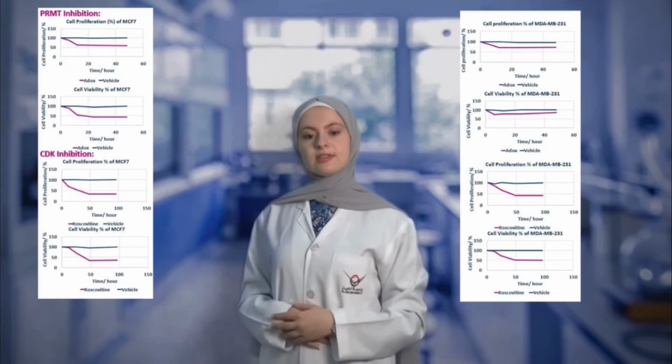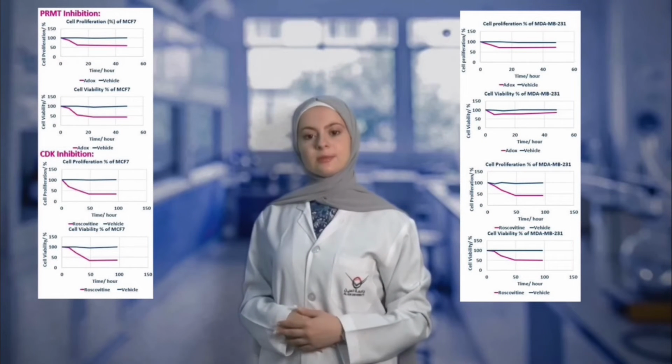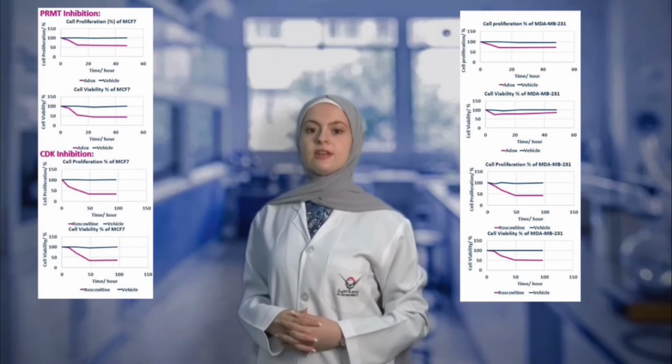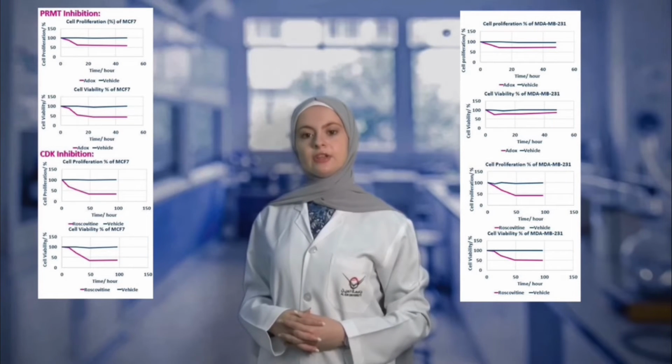Therefore, to change them to liquid form, a vehicle must be added, and in our experiment, we have used DMSO. Therefore, we have done both experiments with only DMSO and without the inhibitors to check if the results obtained were due to the inhibitors. From the graphs, we can see that the results are due to the inhibitors since the proliferation and viability percentages remained almost the same at every incubation period.